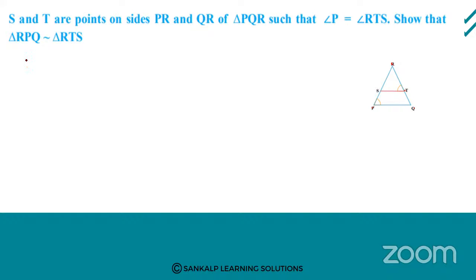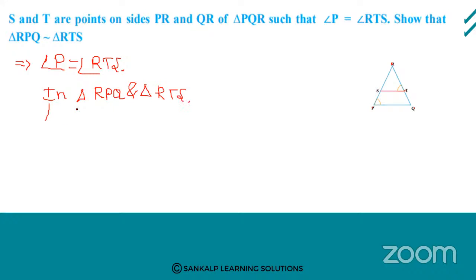Okay. So here, this is a very, very simple question. See, when angle P is equal to angle RTS, that means in triangle RPQ and RTS, angle P is equal to angle RTS.